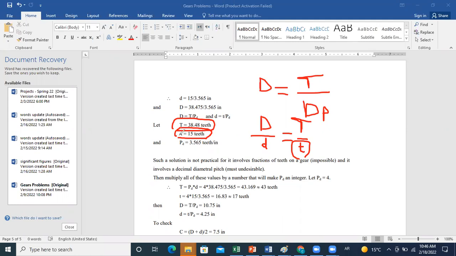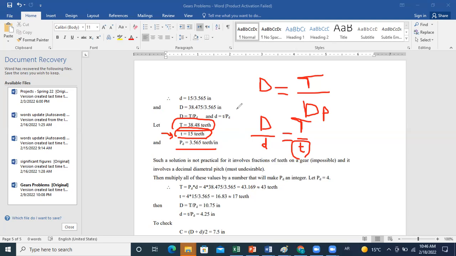When we tried this value, we got that the number of teeth for the gear is a decimal number, so this is not acceptable. And we also got that the diametral pitch is not an integer, which is not possible. This is why we can say that such a solution is not practical.